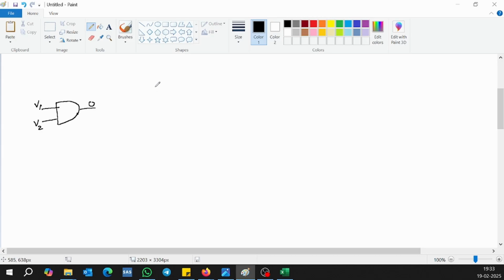So the AND gate truth table looks like this.